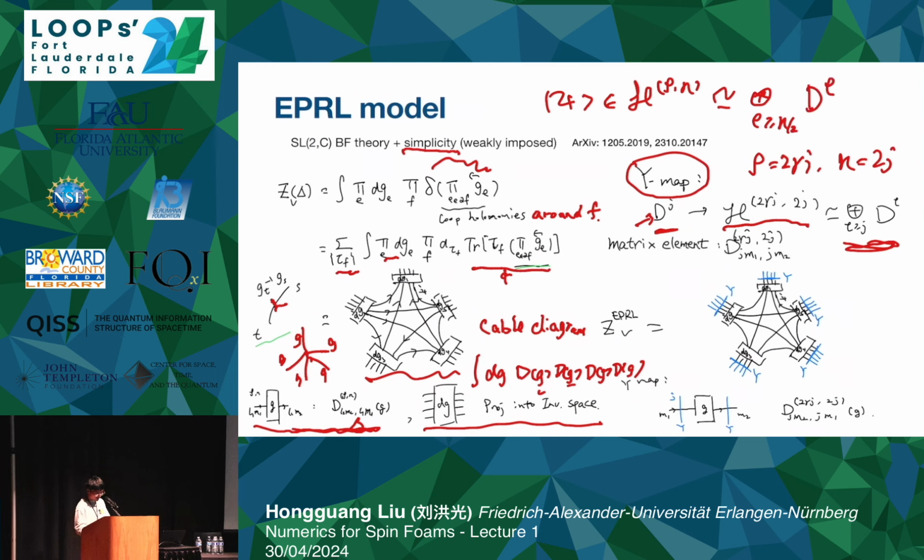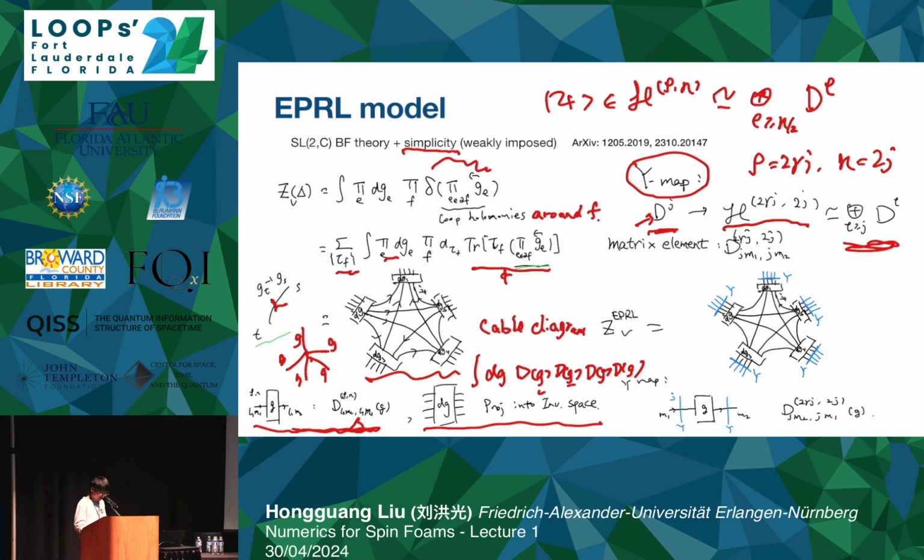But here, only d^j is taken, which is the lowest order. So this boundary condition basically imposes the defects which make this theory not topological. And we call it the Y map, and it can be represented in this way.